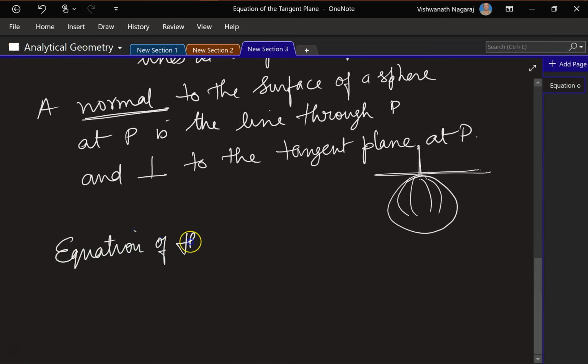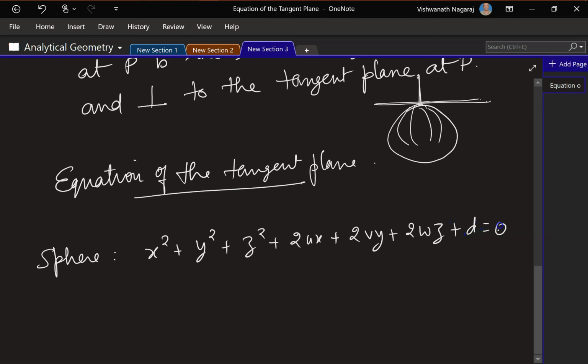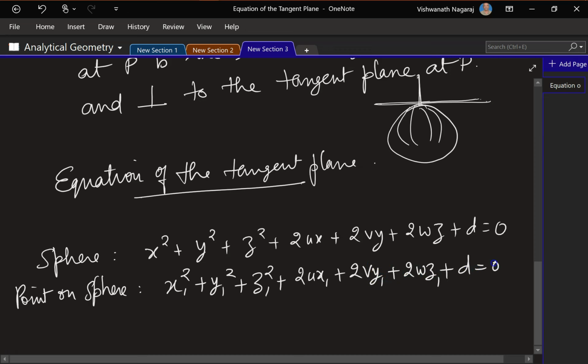In terms of the equation of the tangent plane, let's say the sphere is x square plus y square plus z square plus 2ux plus 2vy plus 2wz plus d equal to 0. The point P on the sphere is, let's say, x1 square plus y1 square plus z1 square plus 2ux1 plus 2vy1 plus 2wz1 plus d equal to 0.